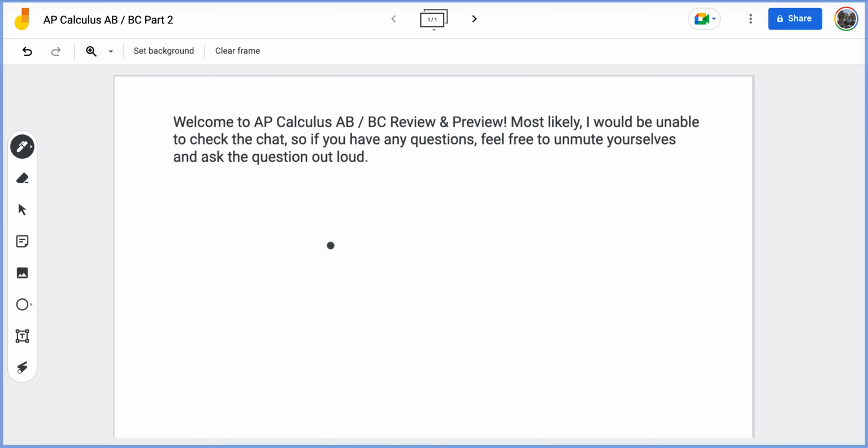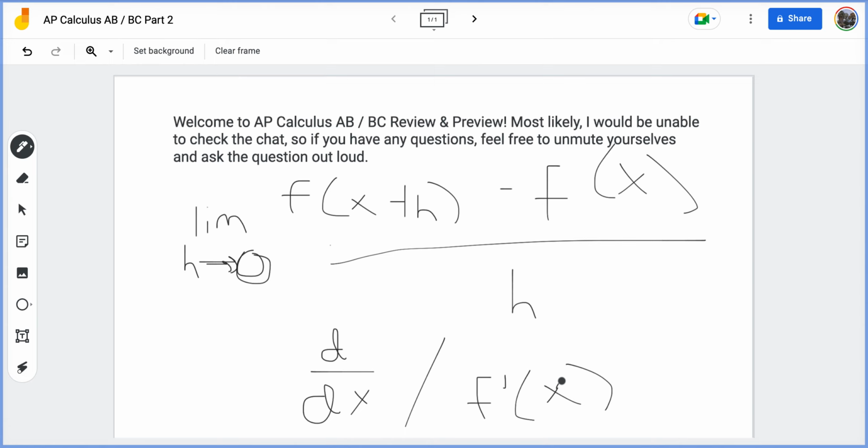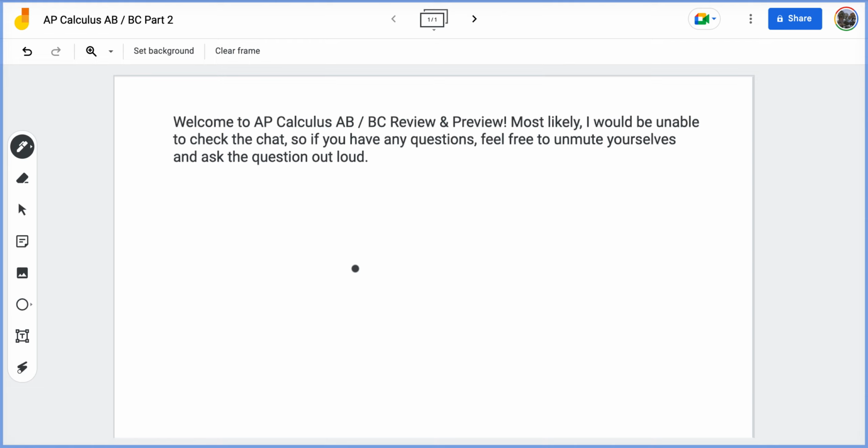This is the definition of a derivative, which is often written as d/dx or f prime of x. In pre-calculus and early calculus, you would use this formula to calculate derivatives and the rate of change. But once you actually learn about what the derivative is, you would use different formulas.